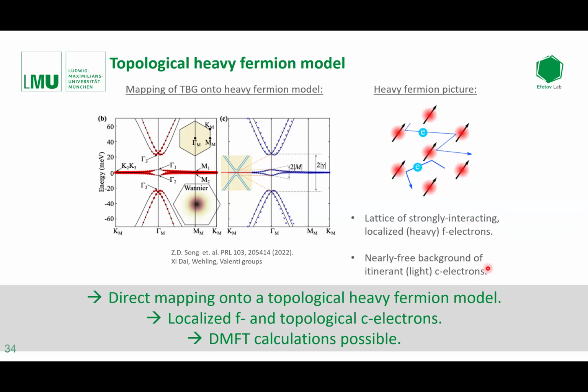And you also have nearly free electrons, which you can think of as C electrons, which can interact strongly with the F electrons and hybridize with them. These C electrons are in general also topological in nature.